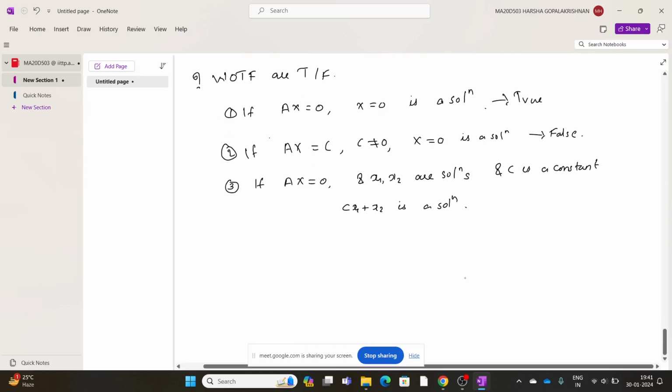If two solutions x1, x2 are given, I multiply with c and then add, so cx1 plus x2, where c is a constant. Is this true or false? c is multiplied to x1 only.